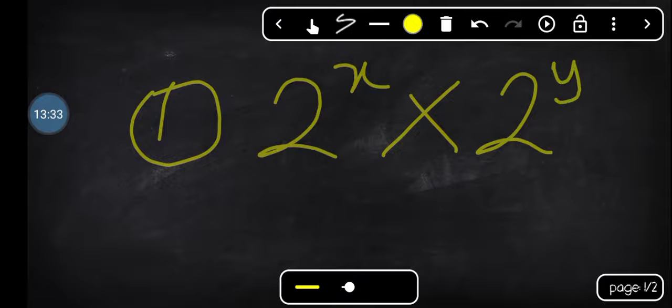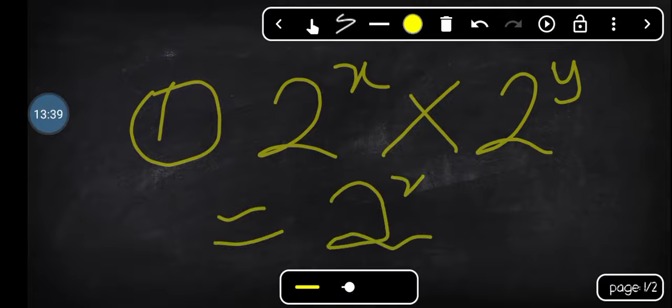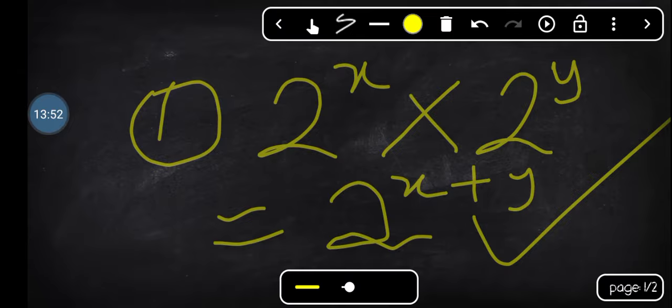What do you think will be the answer? The answer will be 2 raised to power x plus y. That is very, very correct. Note it.